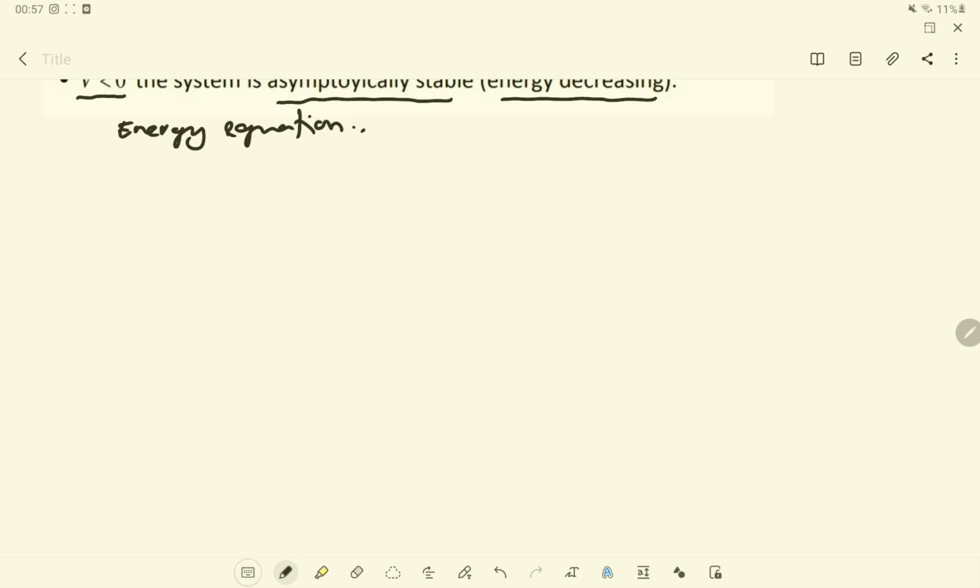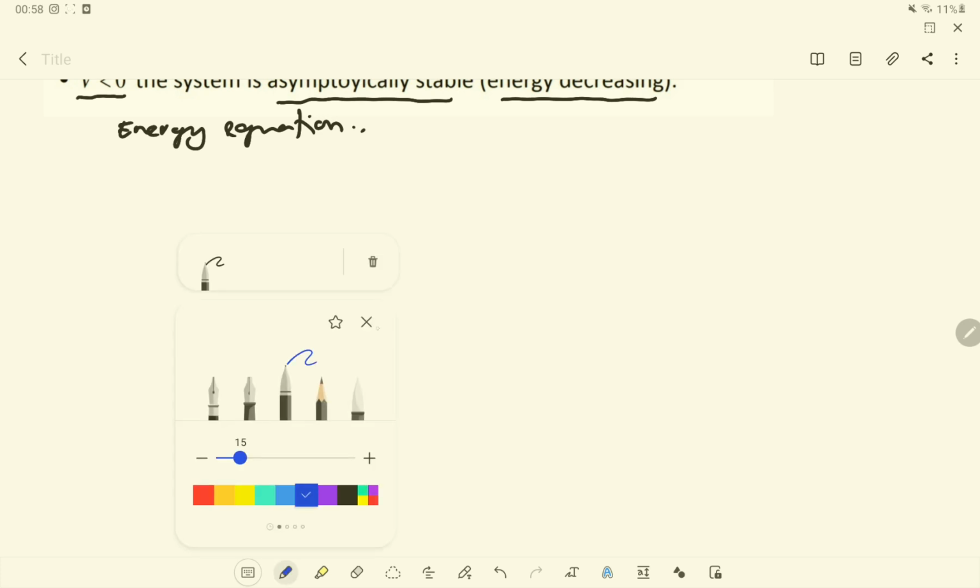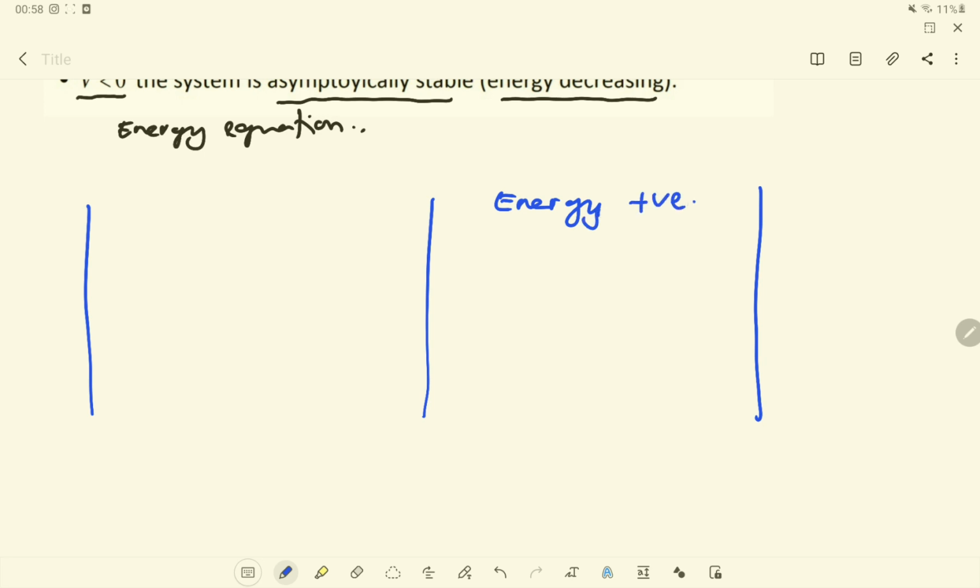So we have a timeline. Let's say, in blue. We have 3 timelines. Here is energy positive, where V dot greater than 0. Here is energy negative, where V dot less than 0.